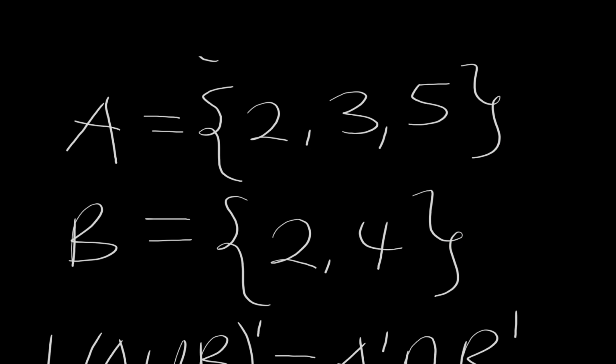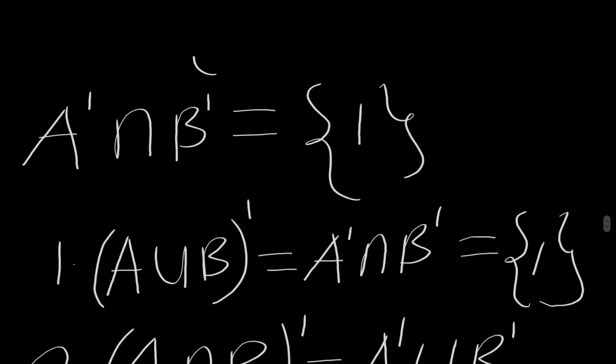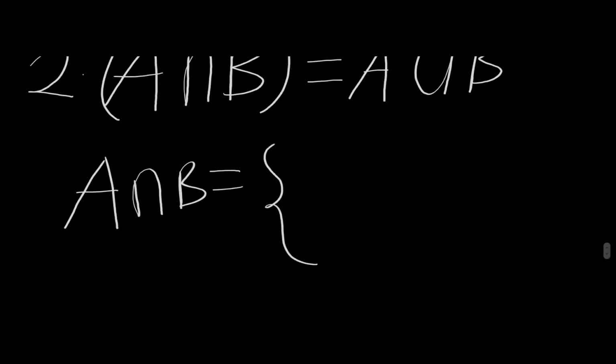Clearly, 2 is the only element that can be found in both sets. Therefore, A intersection B is equal to 2.